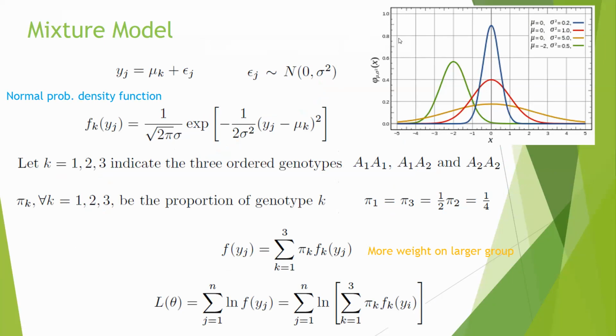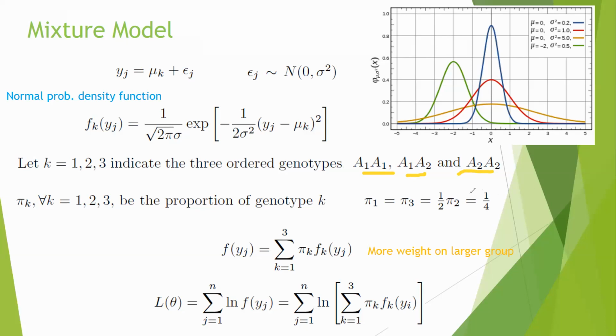So suppose this is an F2 population. So we knew at any locus we have 3 genotypes, which determine 3 subcategories, right?